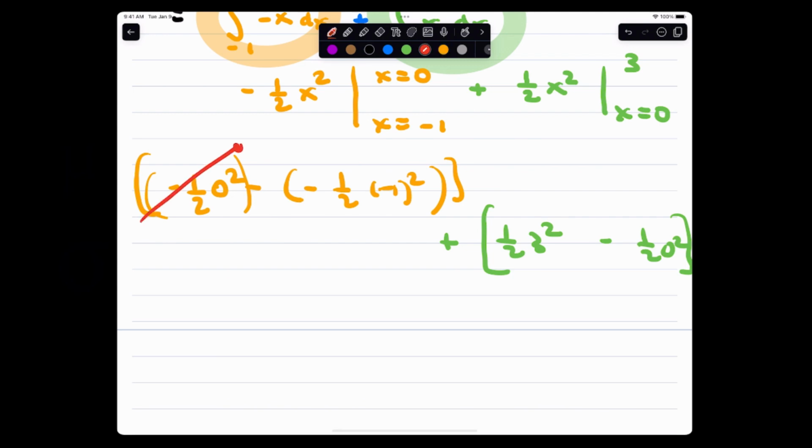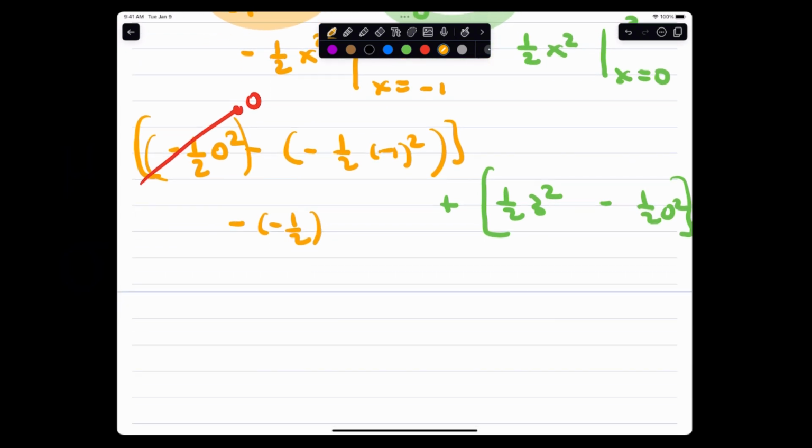Now, this portion goes to 0. This is negative 1/2, right? So let's be careful. You got negative 1/2 down here. Plus, this is plus.